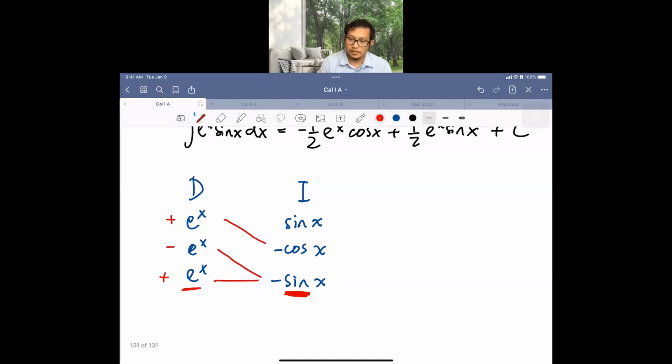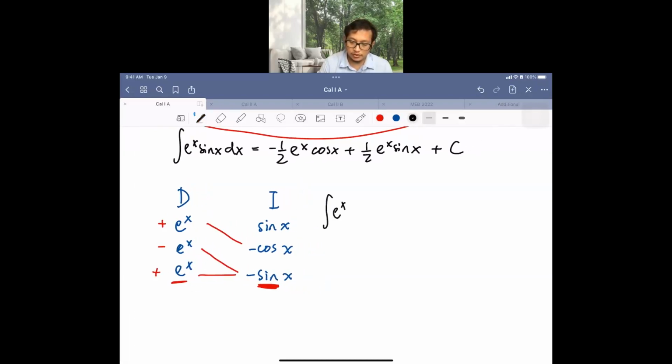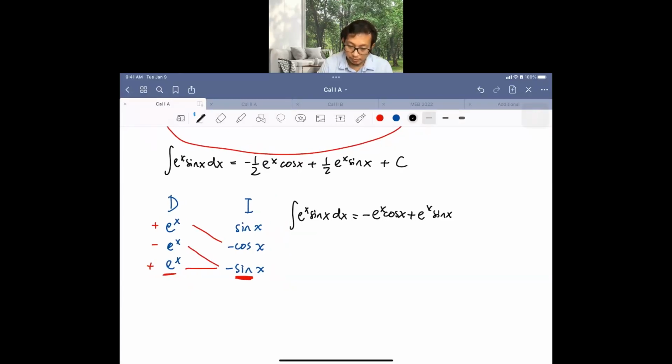So this will be equal to, and don't forget to write the equation to solve this tricky question, negative e to the x cos x plus e to the x sine x, and don't forget the last one will be minus the integral of e to the x sine x dx.